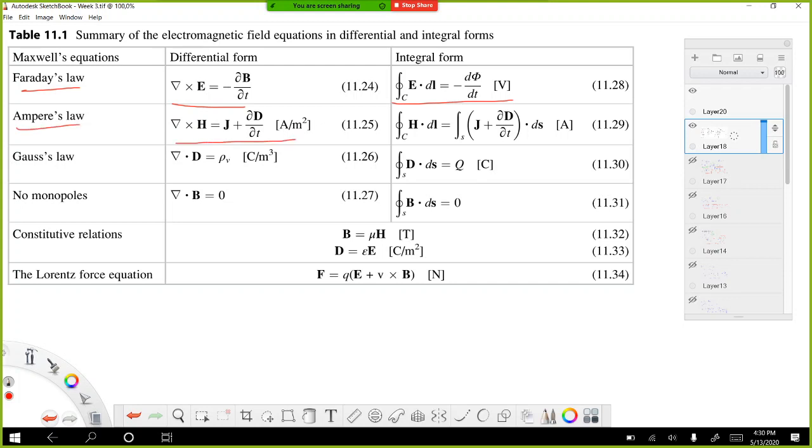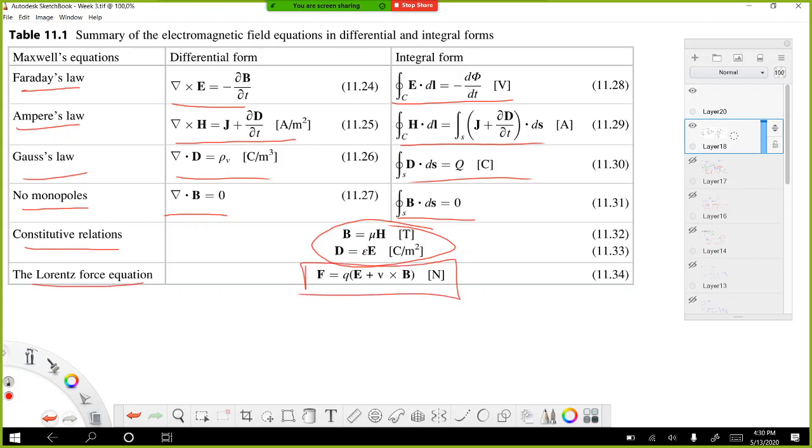Ampere law, differential form, integral form. Gauss's law, differential and integral form. Law of no monopoles, differential form, integral form, and some constitutive relations between B and H, D and E, and the Lorentz force equation is this. Okay, this is the summary of electromagnetic field equations.